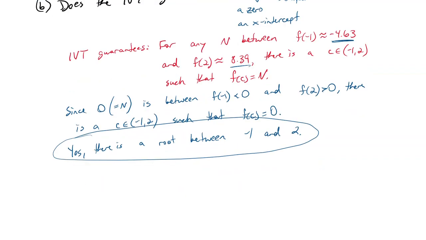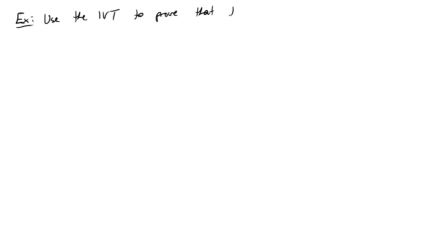Okay, we'll wrap up here. We're hitting like 16 minutes, so we'll wrap up with a proof using the intermediate value theorem. Use the IVT to prove that the equation, not function, but equation, has a solution in the open interval from 1 to 2.